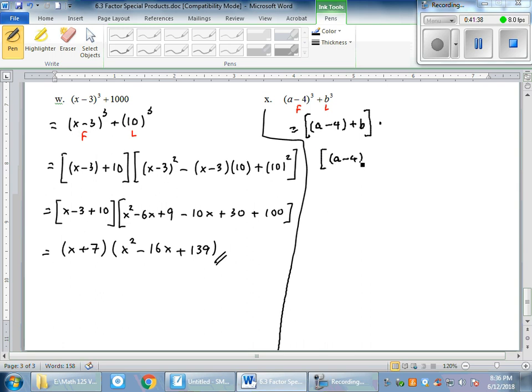First square minus first times last and plus last square.